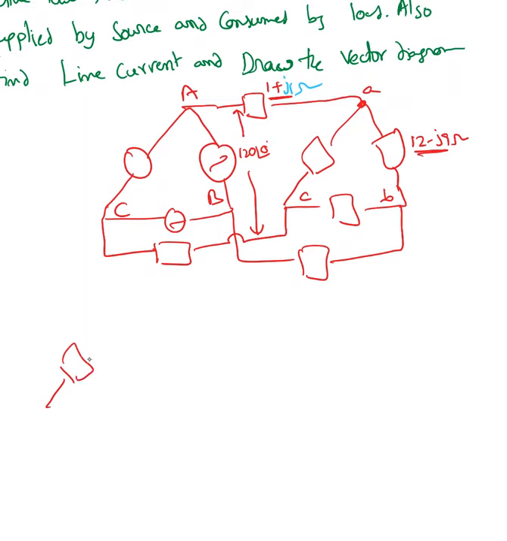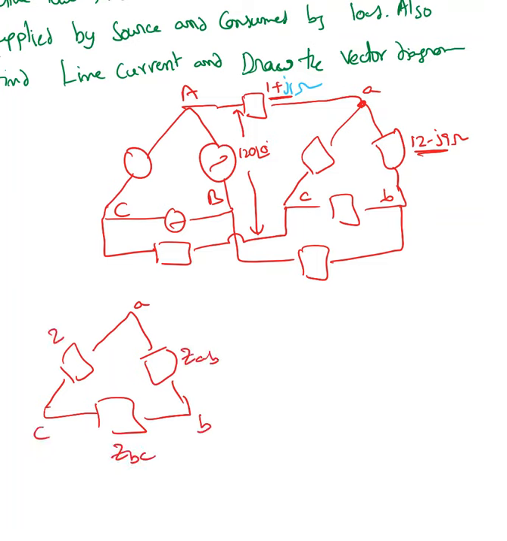So here I have a delta. Okay, so A, B, C, so ZAB, ZBC, ZCA. I'm converting this into a Y connection. So when I'm converting this into Y impedance, ZA, ZB, ZC.